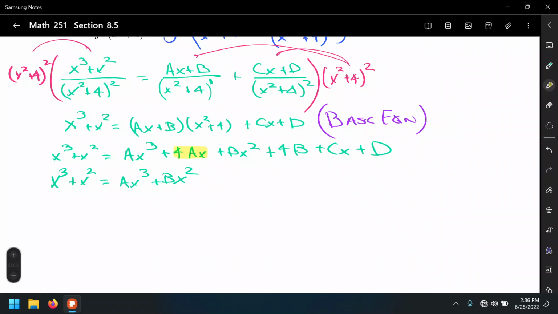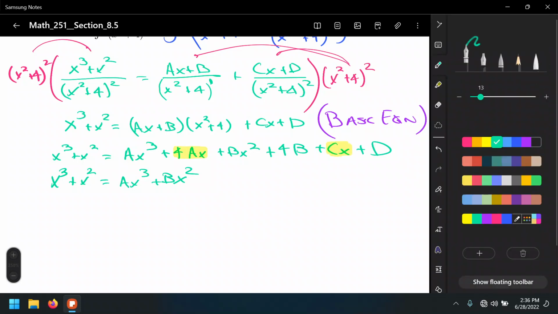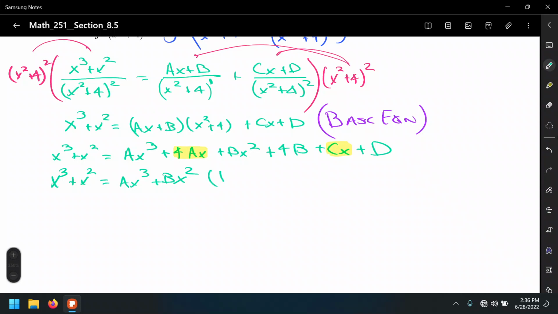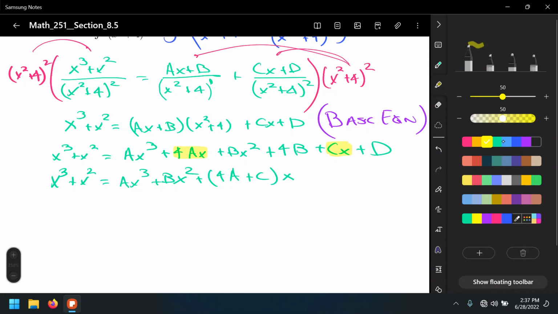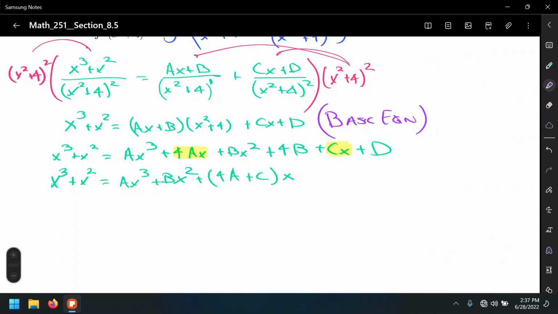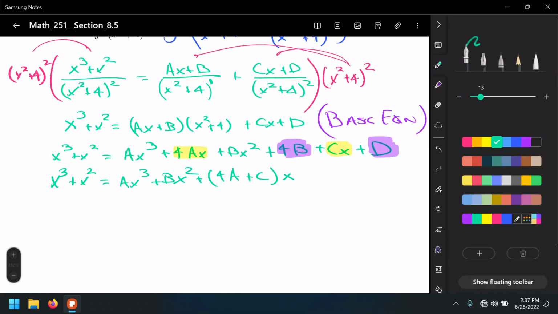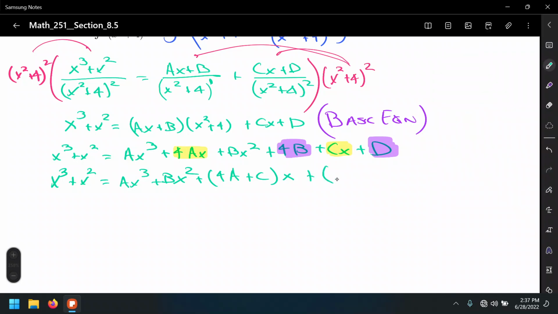We have one here, and we have another one here. So that's going to be 4a plus c times x. All right? And last but not least, we have the group of constant terms, which I will highlight with this color. Let me just put them together. That's all I'm going to do here. So plus parentheses 4b plus d.